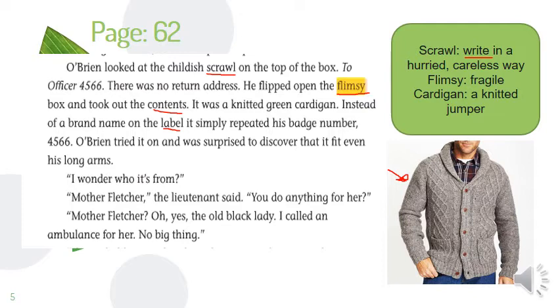Mind that this is a question, but it doesn't have the structure of a question. This is slang. We don't write this way in our assignments. "Mother Fletcher? Oh, yeah, the old black lady. I called an ambulance for her. No big thing."